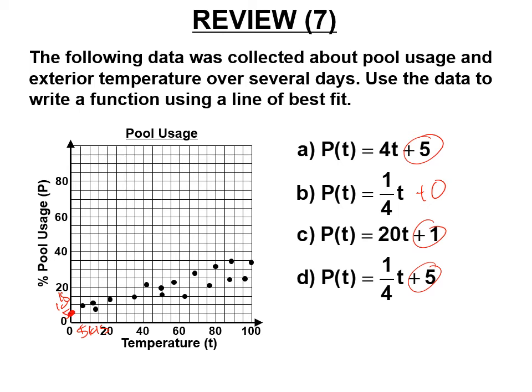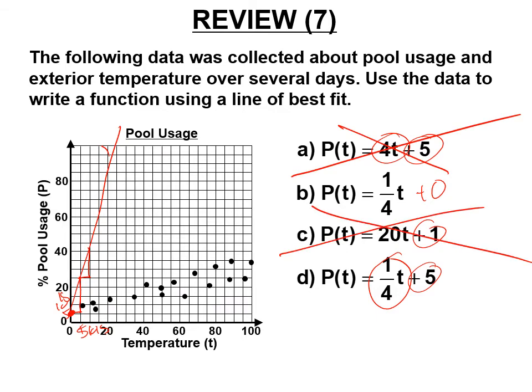Now, if I do that, I have a choice of slope of 1/4 and 4. Well, if I do 4, that's over 1, because each box is worth the same. That's this. So there's no way it has a slope of 4. It certainly has no way it has a slope of 20. So really the only reasonable ones are the 2 that have the slope of 1/4.